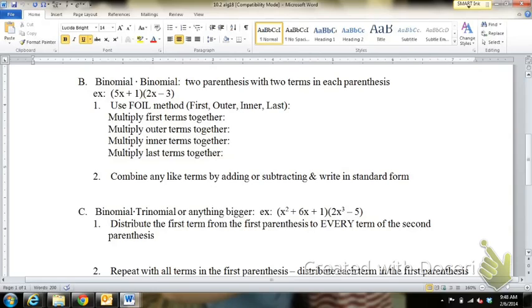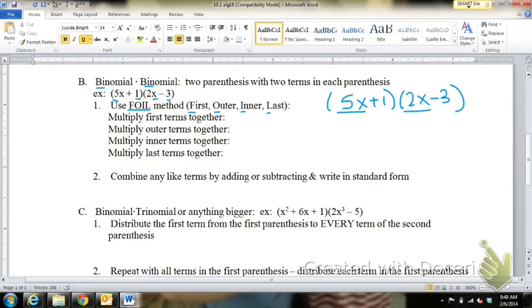Okay, so in a binomial times a binomial, we're going to use something called FOIL. Okay, and binomial means two terms times two terms. So 1, 2, 1, 2. Okay. So FOIL stands for first, outer, inner, last. I'm going to write this bigger. The first terms in each parentheses, you multiply those together.